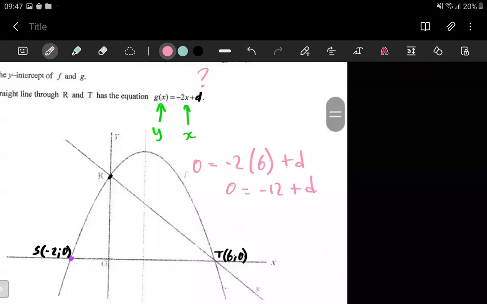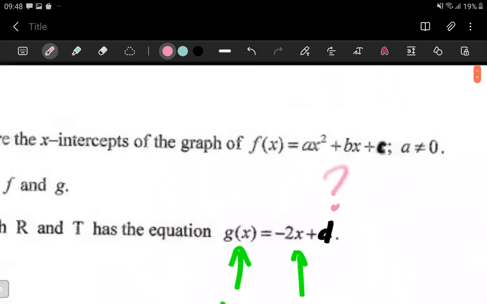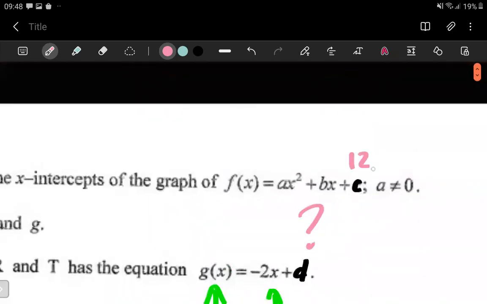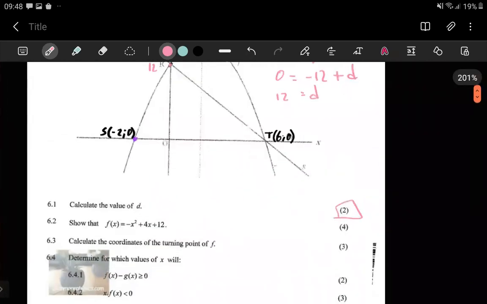And then -12 goes over to the other side. You have the D. So with that being said, D is 12. So the y value here is 12. And us getting D has automatically got us the value of C. So that's why this is a 2-mark question.